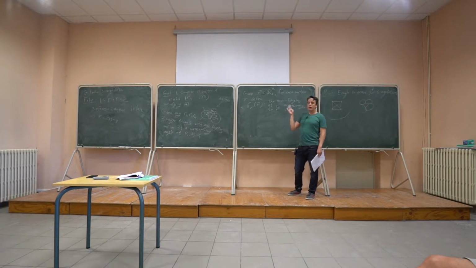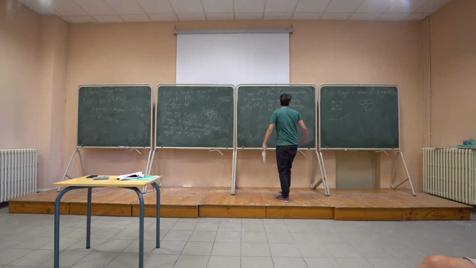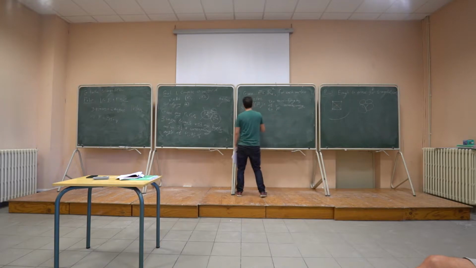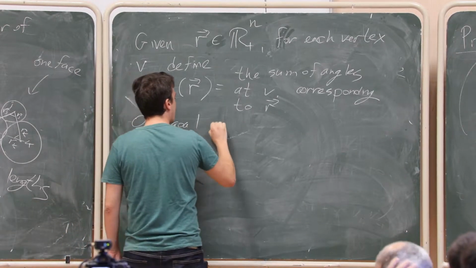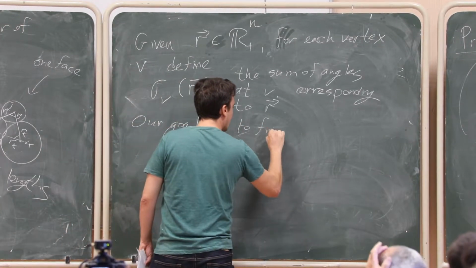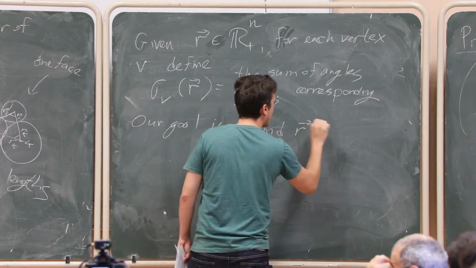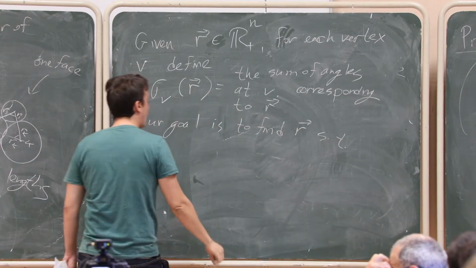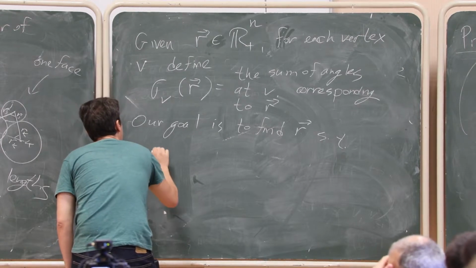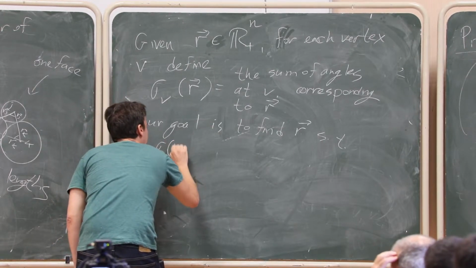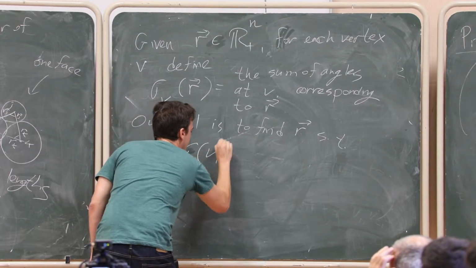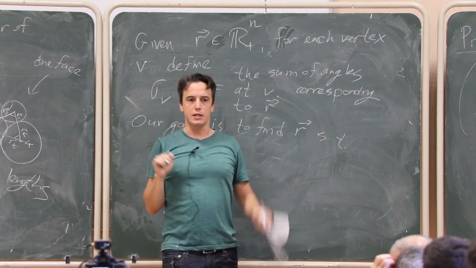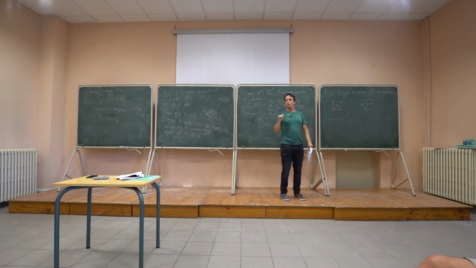And if we have a valid circle packing, then star will be our goal: to find r such that the sum of angles for each of the outside vertices is exactly pi over 3.